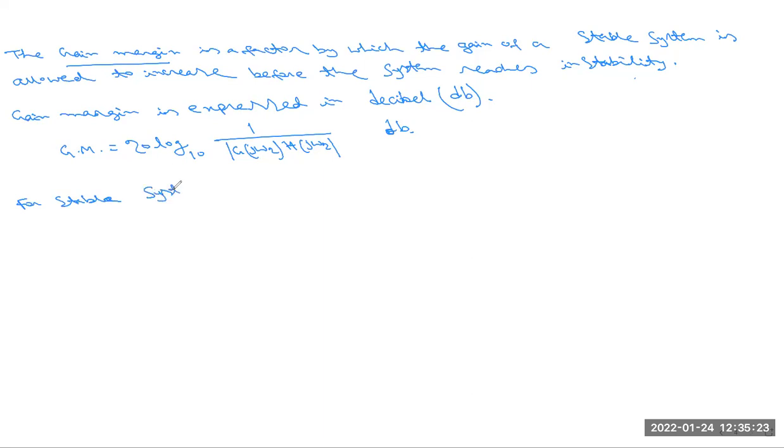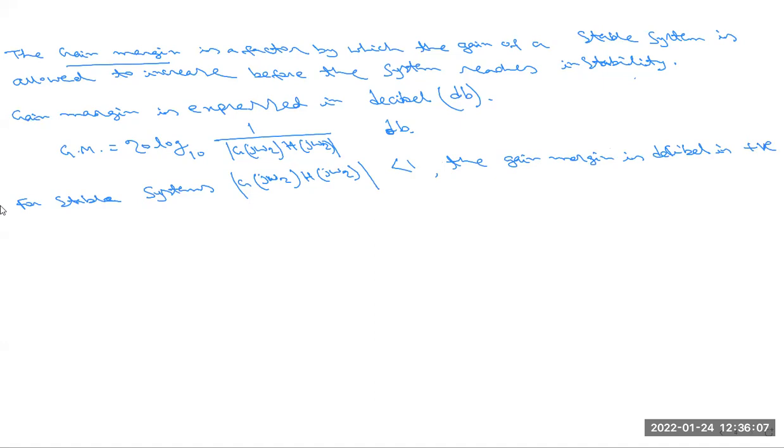Yes, sir. So when the system is stable, we say that the magnitude of G(j omega 2) H(j omega 2) is less than 1. The gain margin in decibels is positive.